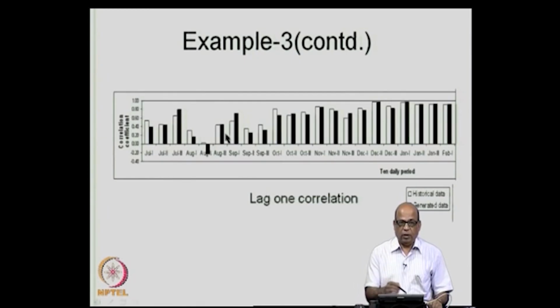What we exactly did in this particular case is that, for the flows into the Sardar Sarovar reservoir, from the historical available data, let us say we had 40 years of data at the reservoir, 10-day periods, we generate this for let us say 100 years, 200 years, etcetera.